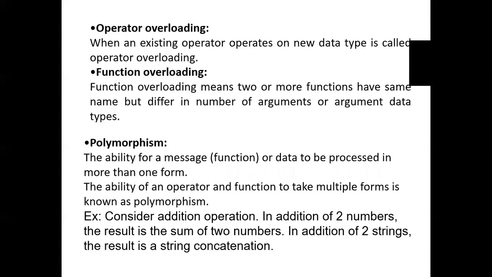In today's class, we will continue with the characteristics of OOPs, that is the next characteristic, polymorphism. Polymorphism is the ability for a message or a function or data to be processed in more than one form.